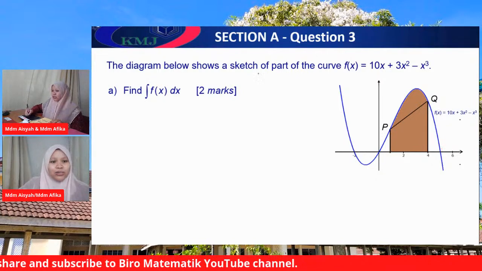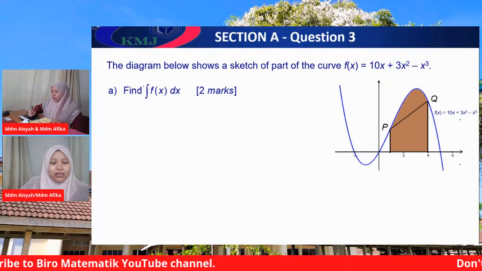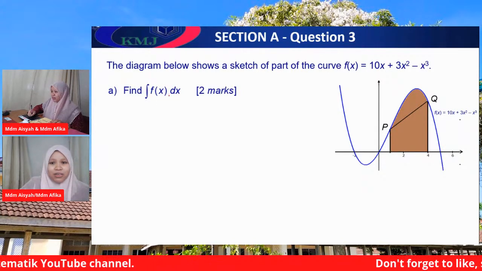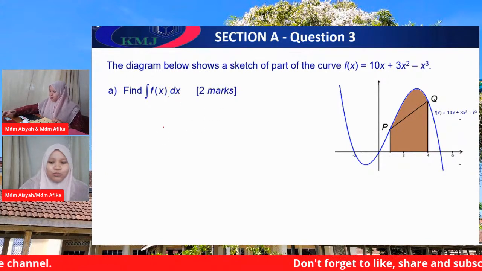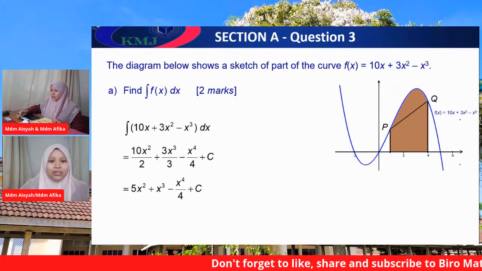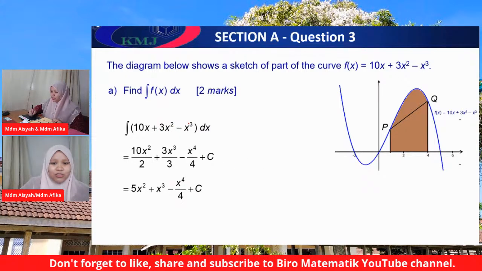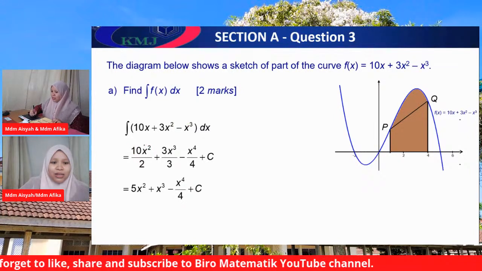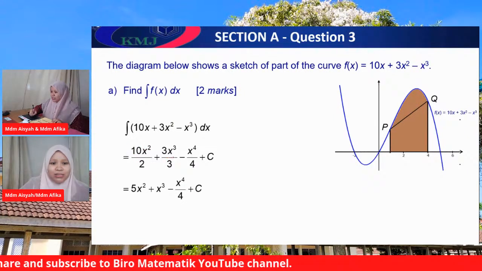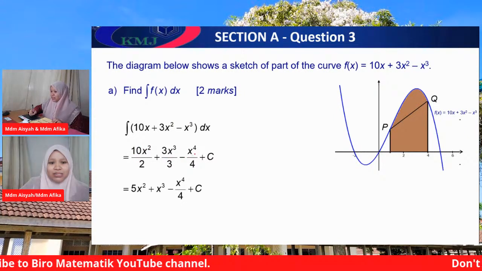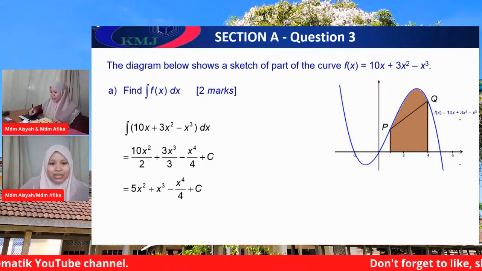Okay, so the first question asks you to find the integral of f(x). Integrate 10x plus 3x squared minus x cubed. So you get 10x squared divided by 2 plus 3x cubed divided by 3 minus x to the power of 4 divided by 4 plus c.